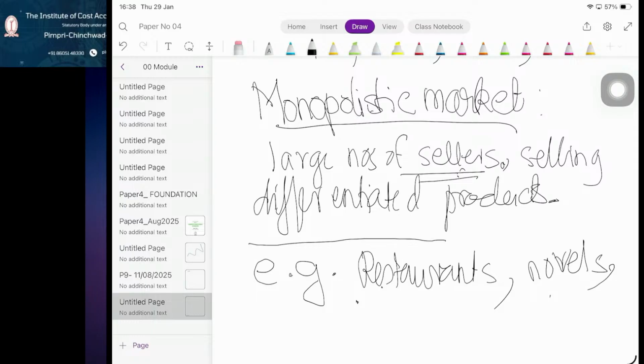If you consider private colleges, yes, then there are 10-12 colleges where students can register. So that would be an example of monopolistic competition. Very good. Like that, think of at least one example.